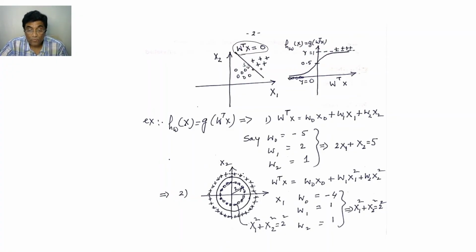Okay, and of course if the data are nonlinear, then also you can capture that by designing your hypothesis like this. I have not yet told how to get the parameters, and that's another very interesting story we'll discuss in our next class. Suppose you have got that parameter, then the decision boundary is a circle.